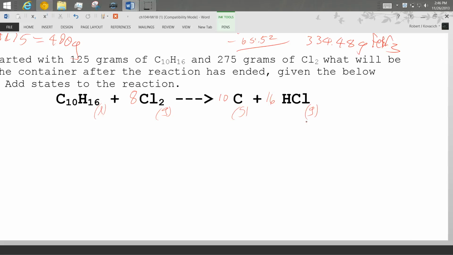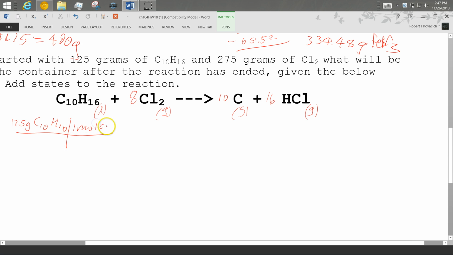There isn't. All right, so I'm going to start off with 125 grams of my hydrocarbon and 275 grams of my chlorine. Okay, so we'll go with 125 grams C10H16, 1 mole C10H16. Does anybody have a mass for that? 136.237 grams.